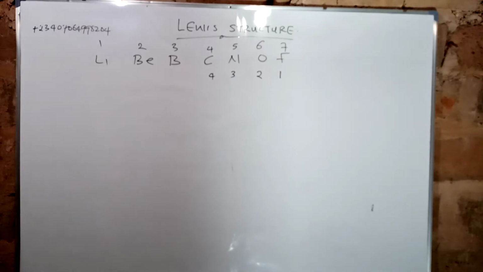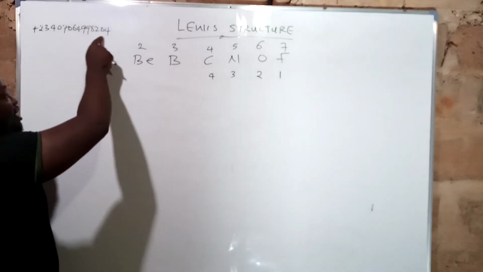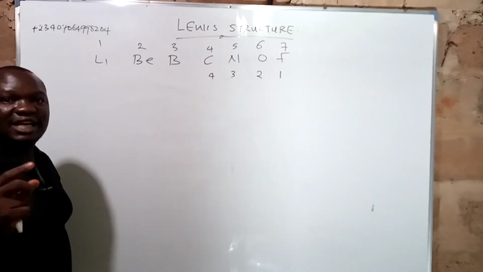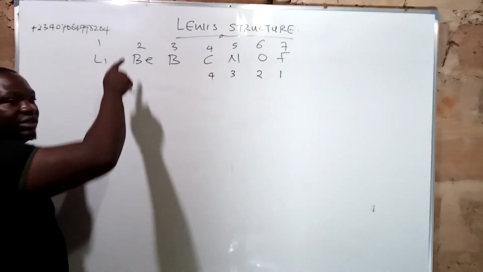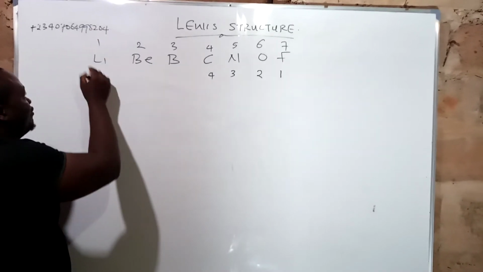Now, we said something. The number of bonds for metals: remember, lithium already has 1 valence electron. It's not going to accept, it's going to give out this 1 electron, and therefore the number of bonds it can form is 1.